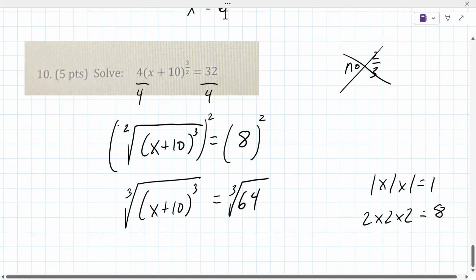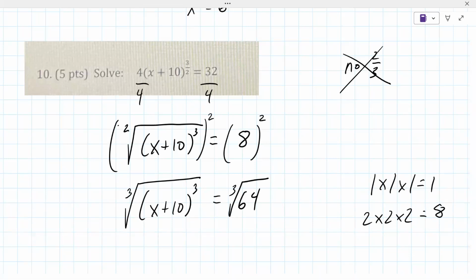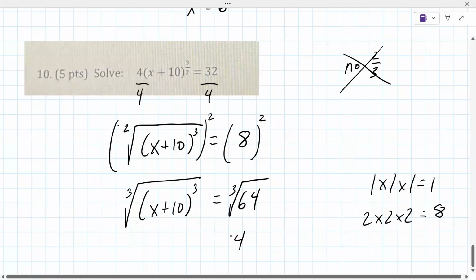Oh, okay. 4. It's 4. So x plus 10 equals 4.